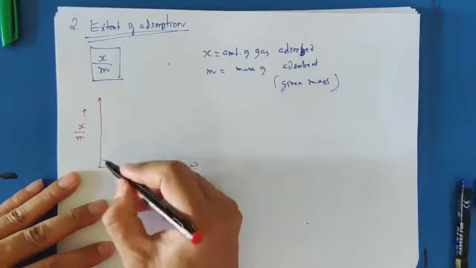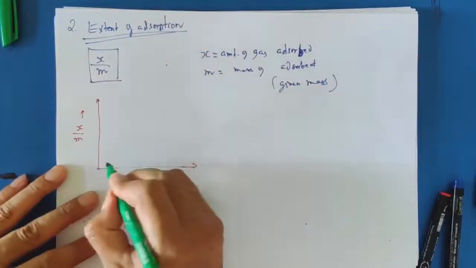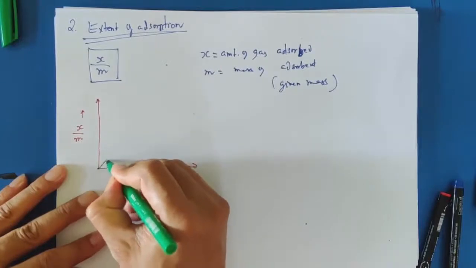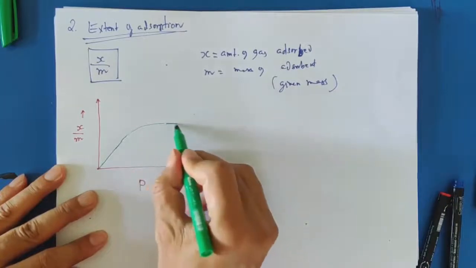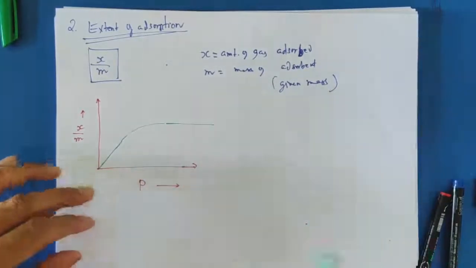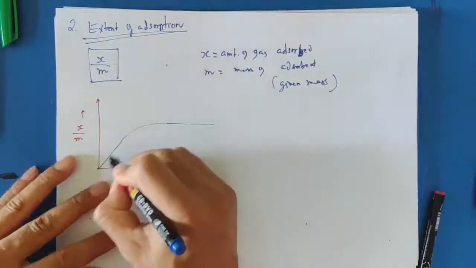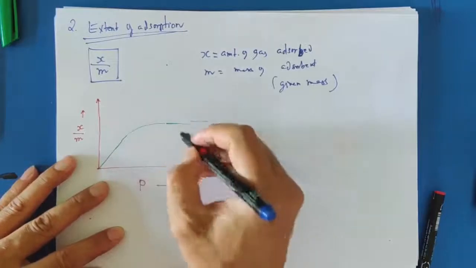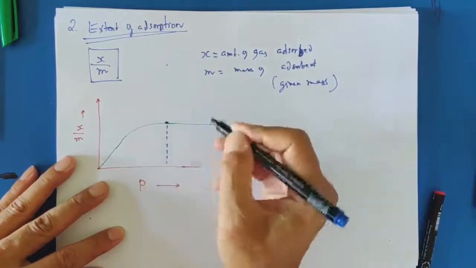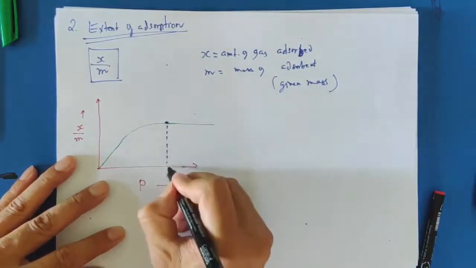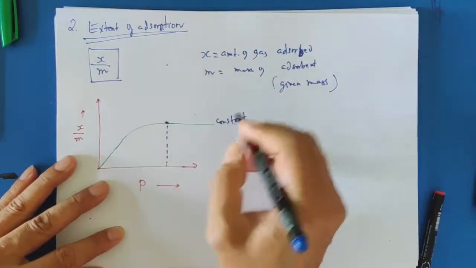Suppose the graph is drawn. It's not a straight line. First it is linear, then curved, then it will be constant. Then check the mechanism for why it is linear, why it curves, and why it becomes constant. Suppose at this point it has become constant.